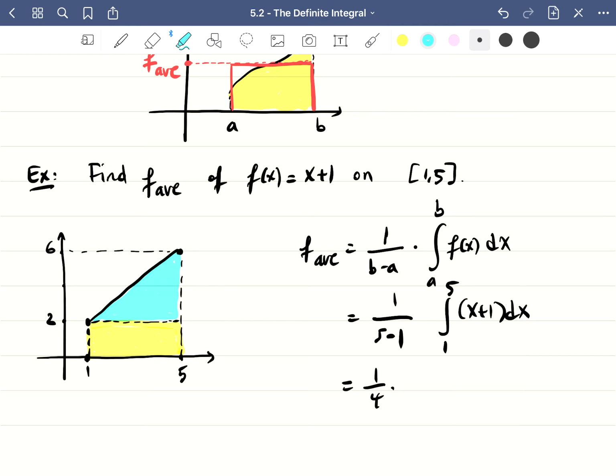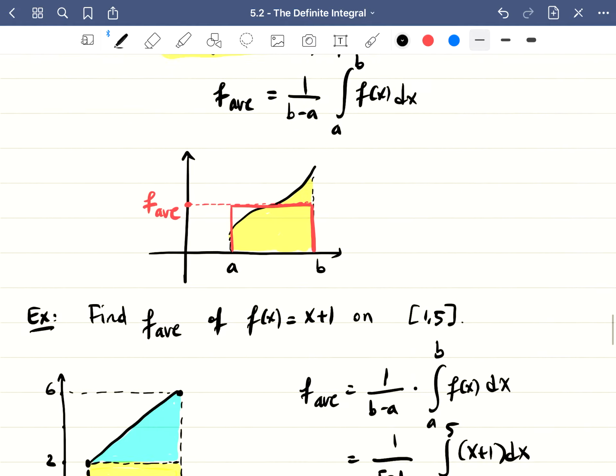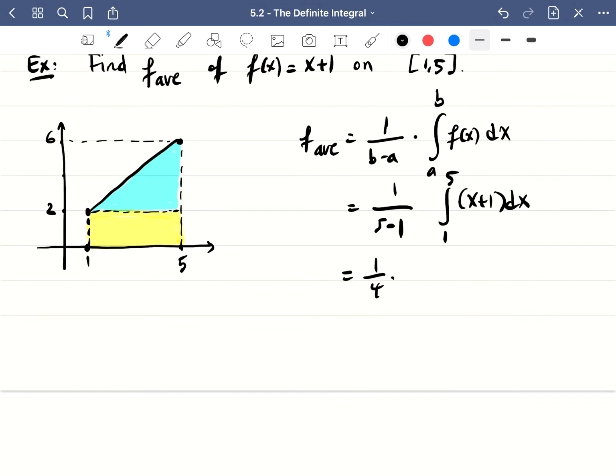Okay, let's start with the rectangle. The yellow rectangle has a base of 5 minus 1, which is 4. So 4 times 2, that's the yellow rectangle. Plus the area of the blue triangle, which is 4 as the base times the height, 6 minus 2, which is 4, over 2.